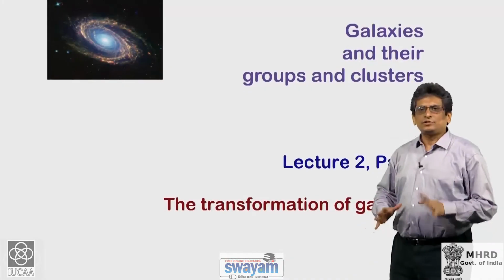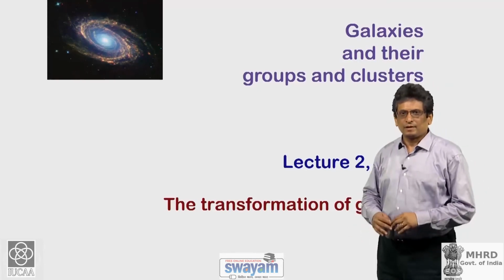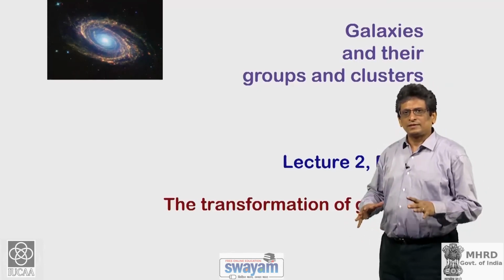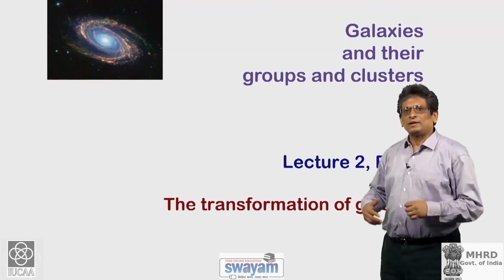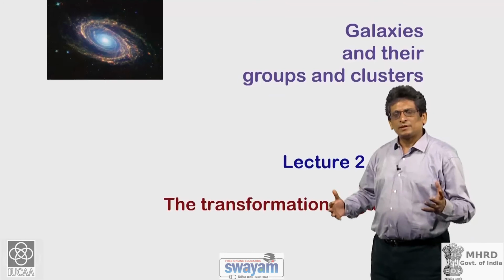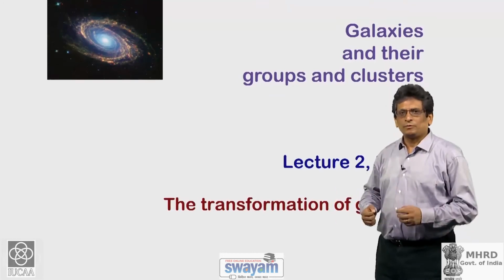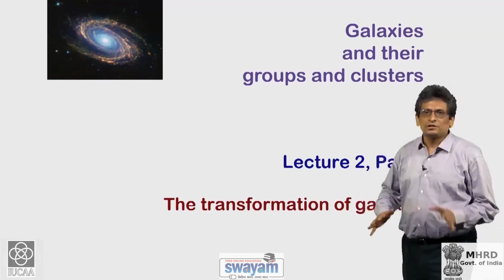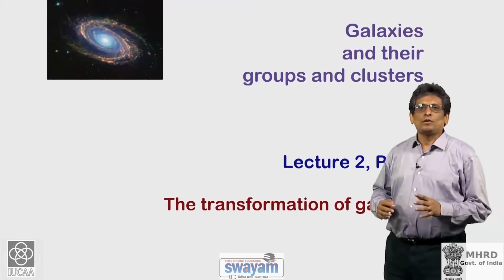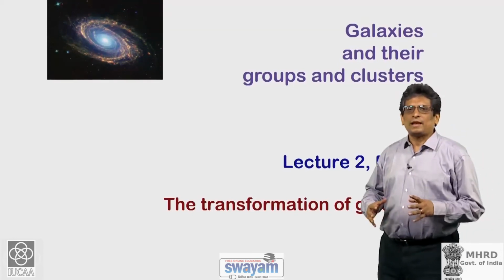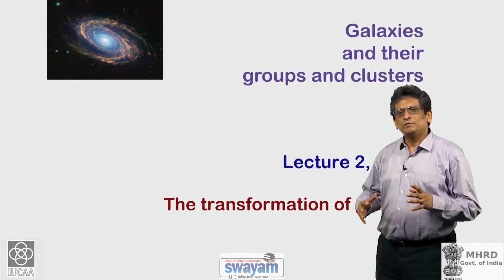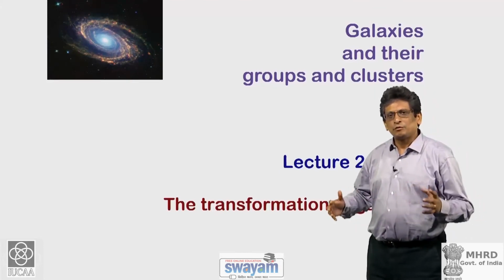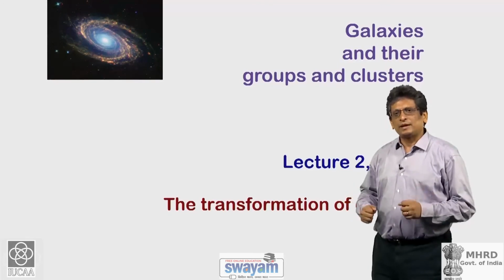Now, galaxies change during their lifetime. They start their life as disk galaxies, and then they're transformed into elliptical early type galaxies where there's very little star formation. There is considerable research going on when and how galaxies change from disk galaxies into the more spherical or elliptical type galaxies.